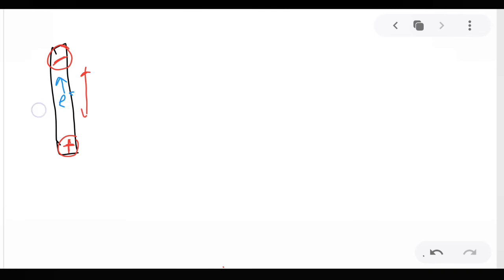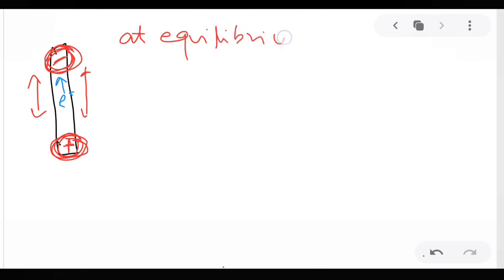Because the Lorentz force is separating the charges. Here you are getting negative charge buildup and here positive charge buildup, and that is due to the magnetic force. But the electrostatic force will come into play, which will cause an attractive force between the two opposite ends. So what happens at equilibrium? This electrostatic attractive force balances the magnetic force due to the charge buildup, because electrons are moving in the upward direction.